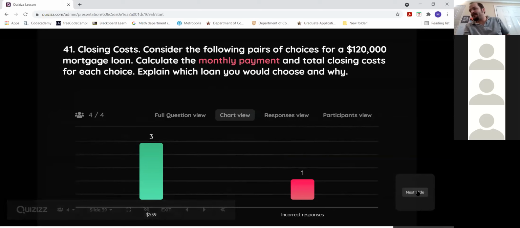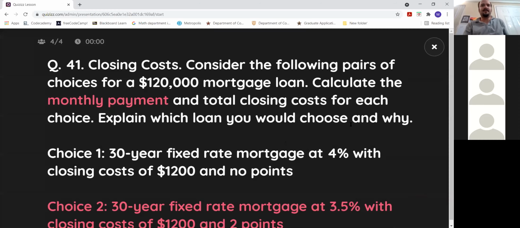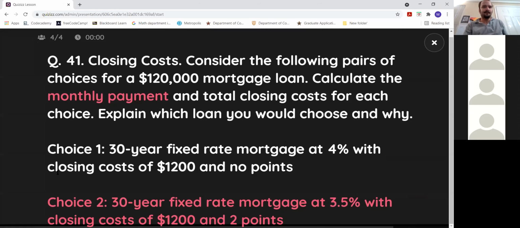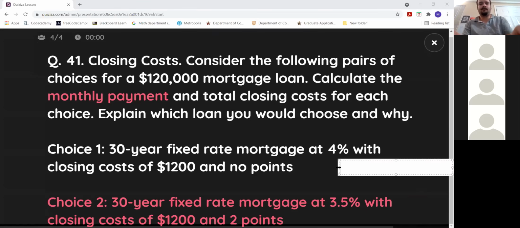How did you get 500? How did you get the 539? So plugging it into the formula, if we look at this question, I'm plugging in 120K into the formula. On top I'm doing 0.035 divided by 12.